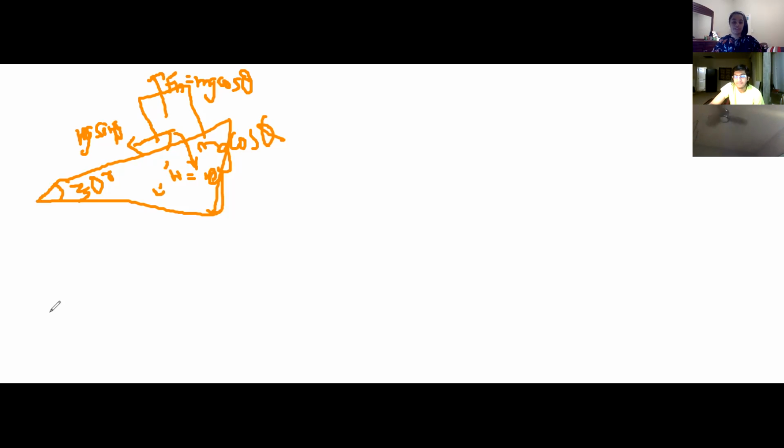Okay, so acceleration is going to be the horizontal components. So it would be net force over mass, right? In this case, the only net force is the horizontal. Generally you would say it's net force over mass, but in this case the net force is just the horizontal, mg sine theta, correct?